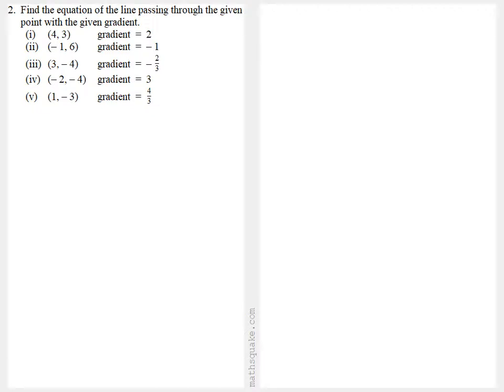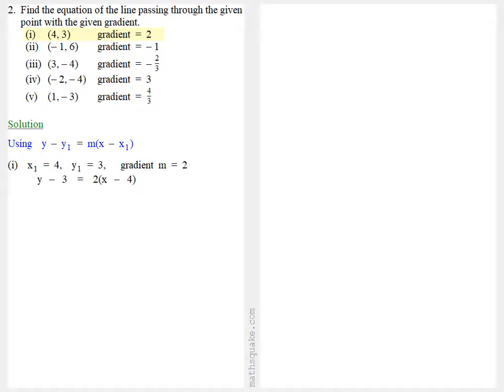Now in question 2, we're asked to find the equation of the line passing through the given point with the given gradient. Now in part 1, the point is 4, 3 and the gradient is 2. So using the equation y minus y1 equals m into x minus x1, we have x1 is equal to 4, y1 is equal to 3 and the gradient is equal to 2.